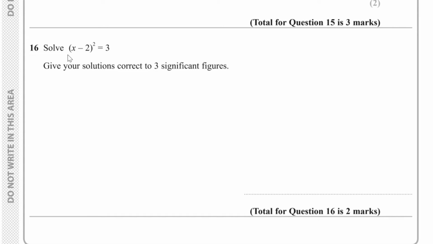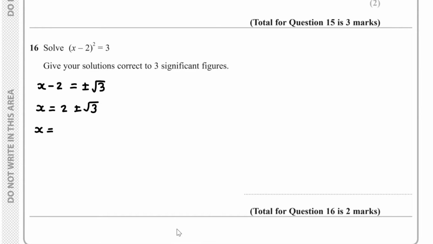Question 16, we have to solve (x minus 2) all squared equaling 3, giving our answer correct to 3 significant figures. Well, first of all, if we square root, we would have x minus 2 equals plus or minus square root 3, and therefore x equals 2 plus or minus square root 3.